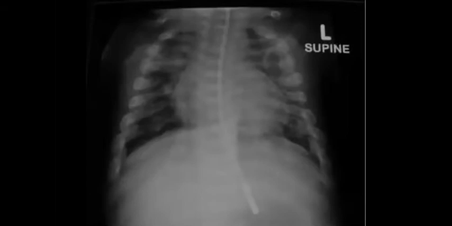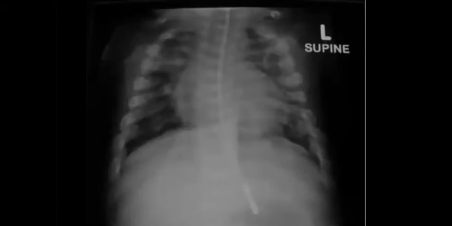As you see here in this case, it presents with multiple fractures of variable ages, Wormian bones, basilar invagination in the skull, and in long bones you can see cystic metaphyses. Okay, so these are the criteria of osteogenesis imperfecta.